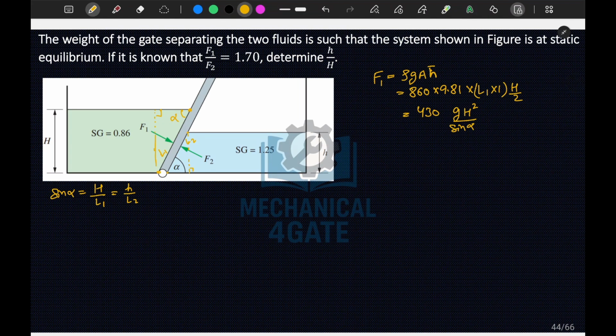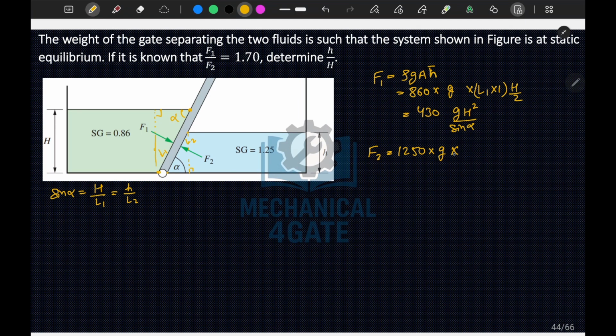We have evaluated F1. Now if I want to calculate F2, again I will substitute the values. So 1250 into 9.81, or let me write it exactly as G as it is here also, G into now this area.